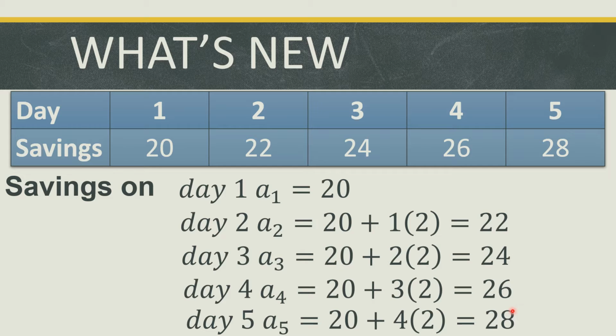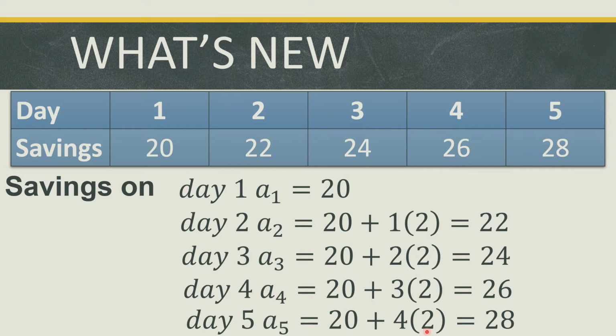So what have you noticed about this table? Is there any pattern that you observe from this table or from this listing? Yes. Here, 20 is a sub 1. So it means we need a sub 1.